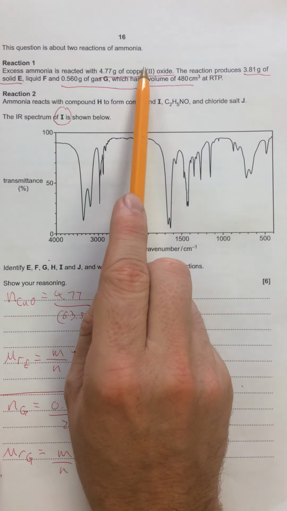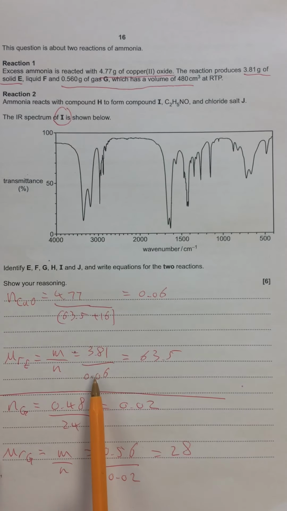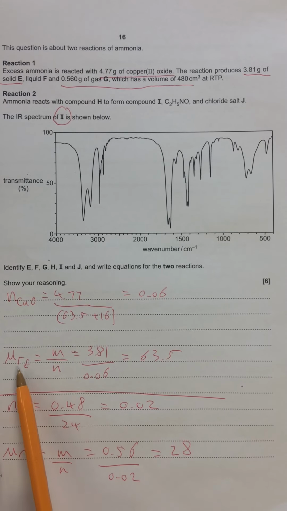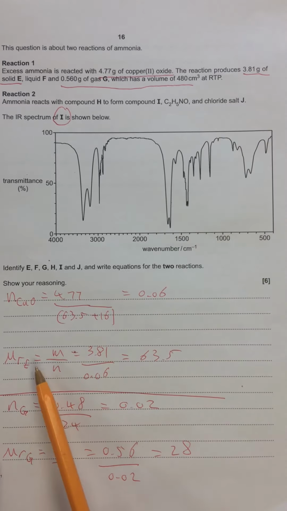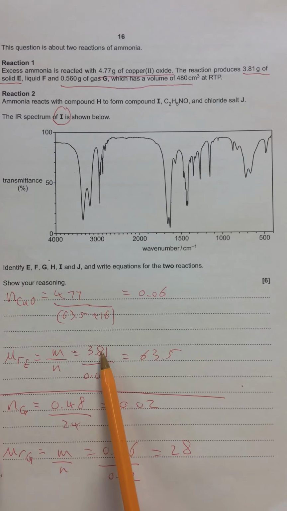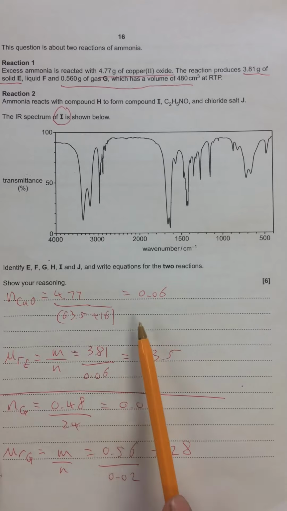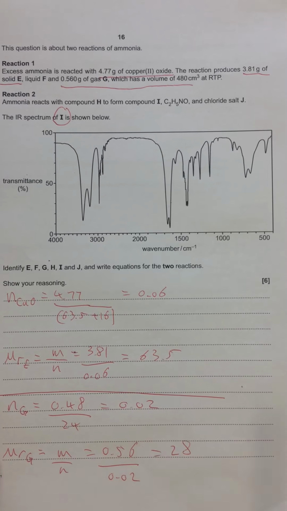Now, assuming that the copper oxide to solid E is a 1-to-1 ratio, that means we also know the moles of chemical E. You're told the mass of chemical E, so we can rearrange and say Mr is mass over moles, feed in the mass from the question.